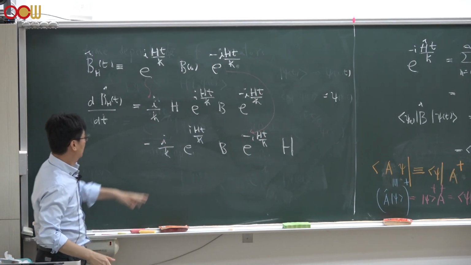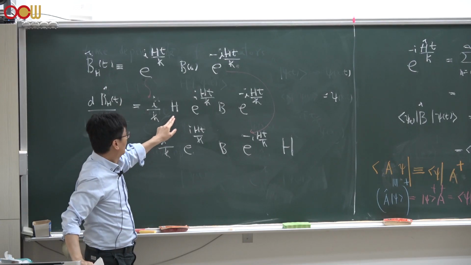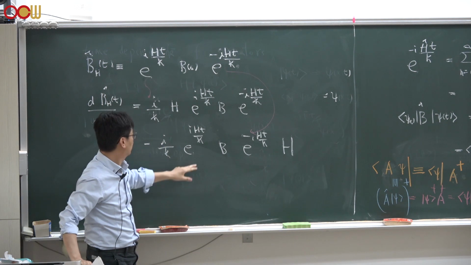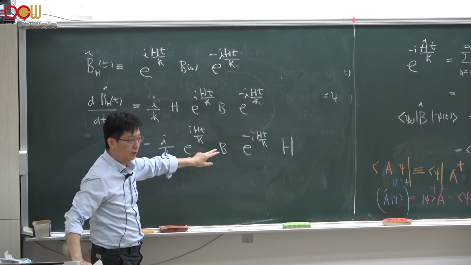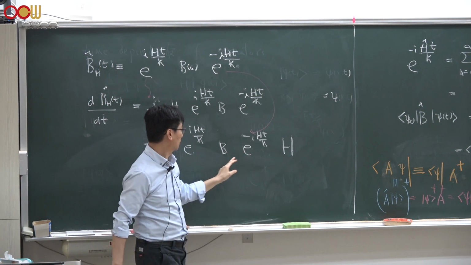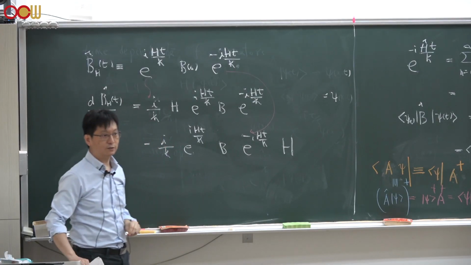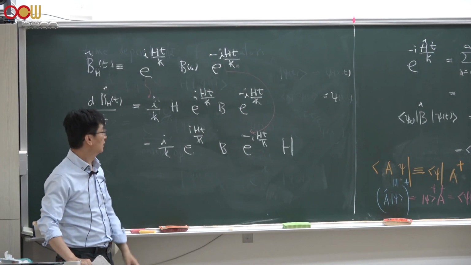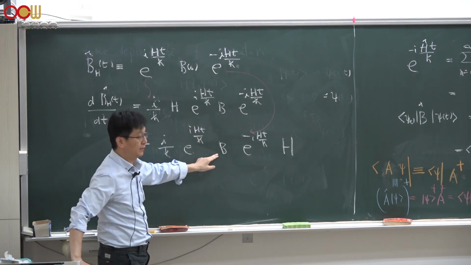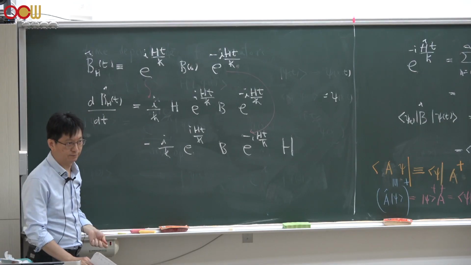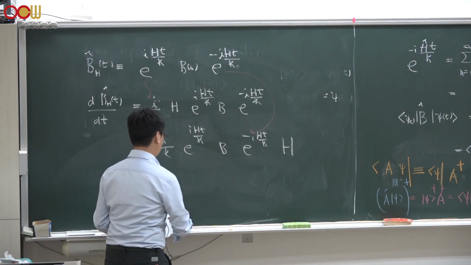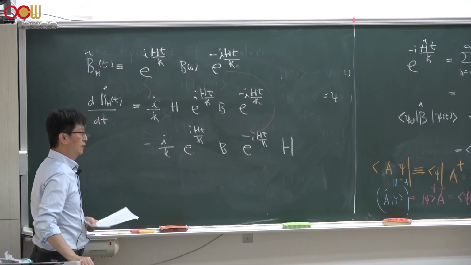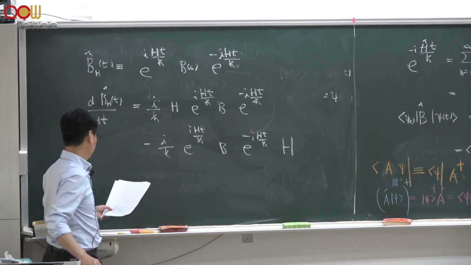But you know that this H appearing on the left of this B is certainly different from when H appears on the right side of B. In other words, depending on whether this H commutes with B, HB and BH may not be the same. And this is the key of quantum mechanics, that the order in this operator product really matters.